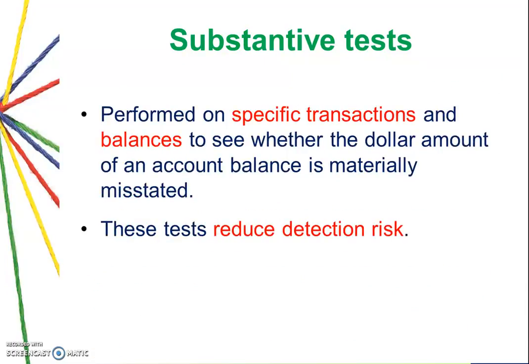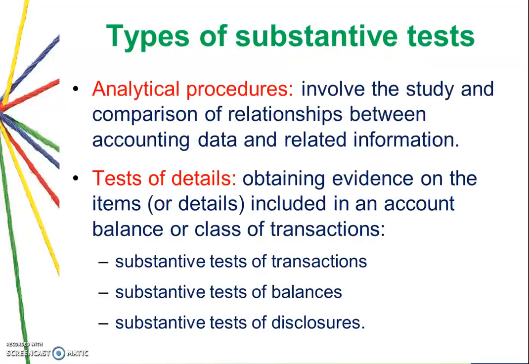Substantive tests or substantive procedures are performed on specific transactions and balances to see whether the dollar amount of the account balance is materially misstated. These tests are to reduce the detection risk. There are two types of substantive procedures.